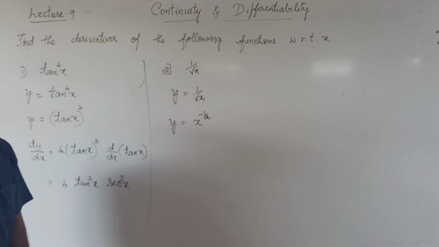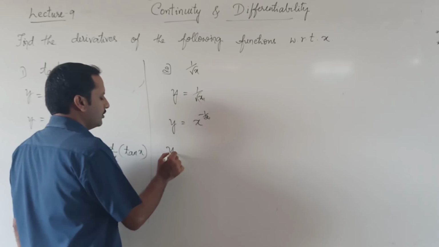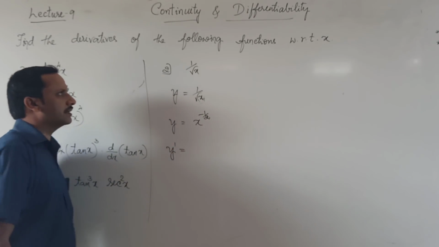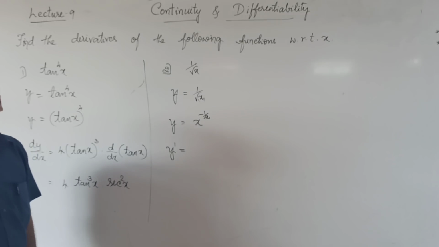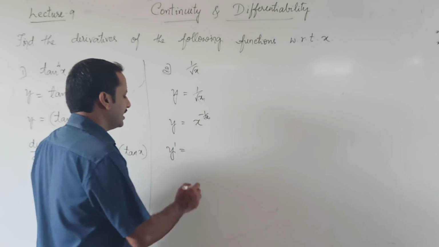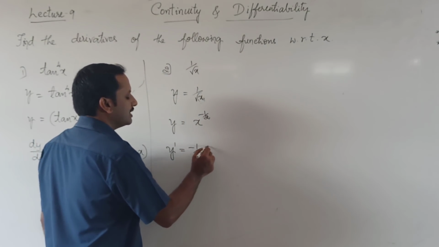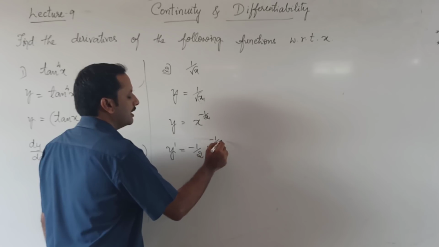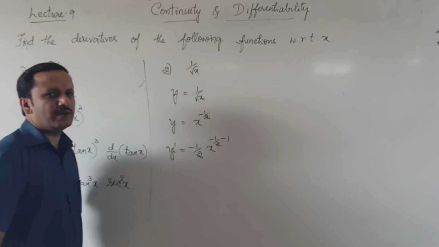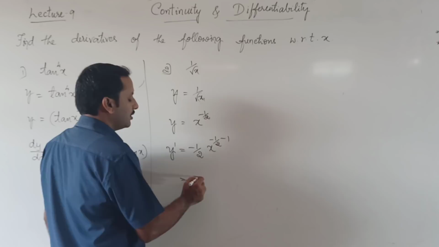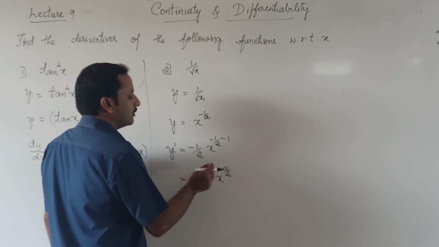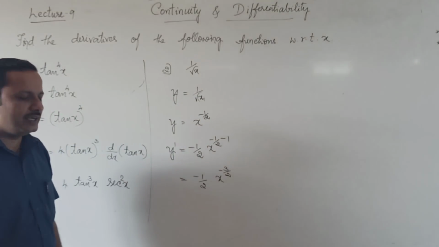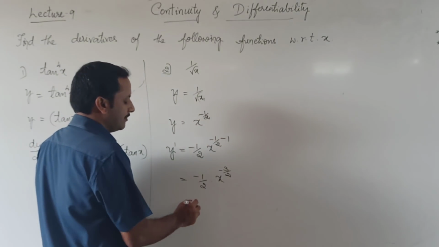You can directly differentiate it, there is no need of using chain rule here. X power minus 1 by 2 is of the form x power n. Derivative of x power n is n into x power n minus 1. So here we get minus 1 by 2 into x power minus 1 by 2 minus 1. That's equal to minus 1 by 2 into x to the power minus 3 by 2.